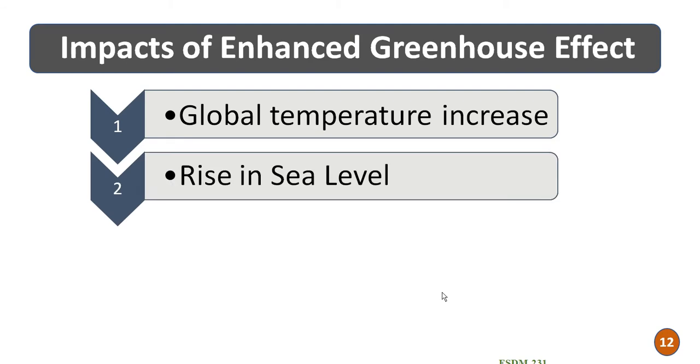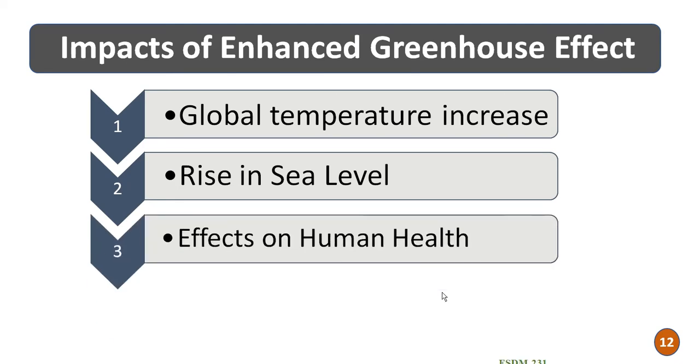Then next is rising sea level. Due to this greenhouse effect or global warming, the pattern of rainfall and the total hydrological cycle are in question, and that's why we get sudden heavy rains, and sometimes the sea level also rises due to glacier melting at the poles.